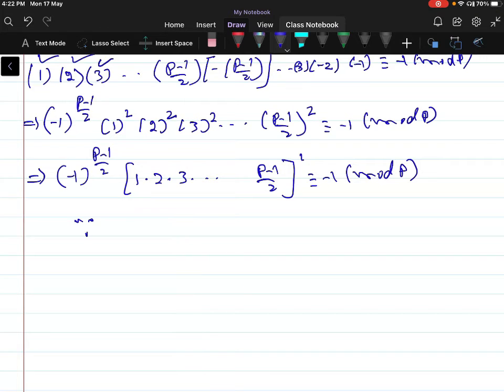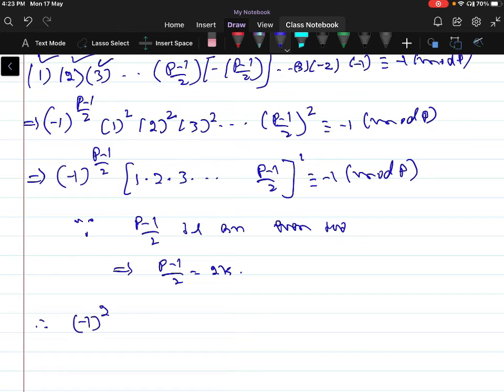Since (p-1)/2 is an even integer, this implies (p-1)/2, take it as 2k. So therefore minus 1 to the power of 2k, there are 1, 2, 3, up to (p-1)/2, an integer, so this can be written as ((p-1)/2 factorial) whole square is congruent to minus 1 modulo p.